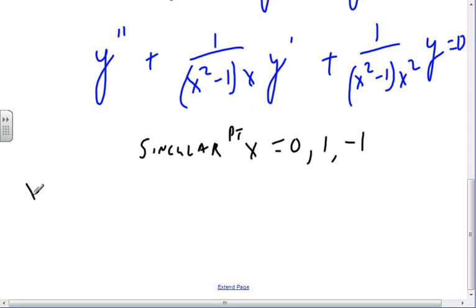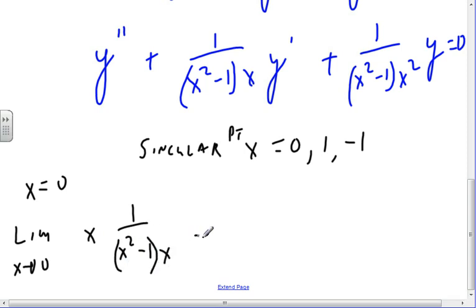So I'm going to look at x is equal to 0. I'm going to look at the limit as x goes to 0 of x times 1 over (x squared minus 1) x, and I see that that's going to be minus 1.